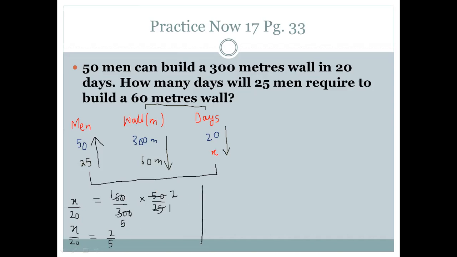Next, x is equal to 2 upon 5 multiplied by 20. 5 ones are 5, 5 fours are 20, 4 twos are 8. So how many days are required to make a 60-meter wall? 8 days are required to make a 60-meter wall by 25 men.